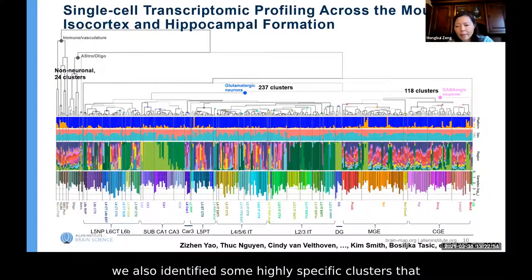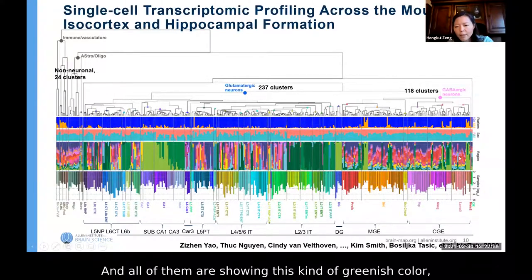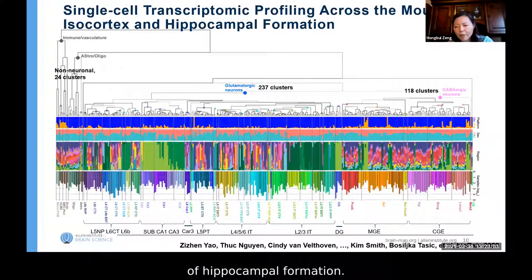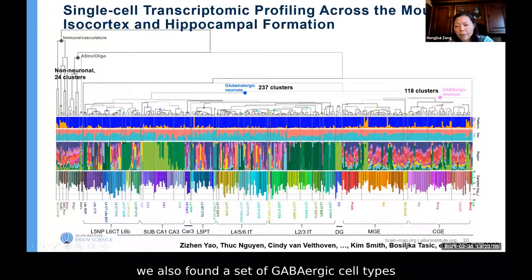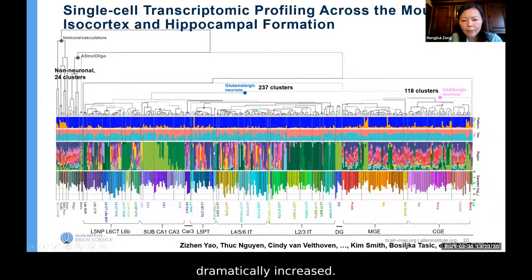clusters that appear to be region specific, and all of them are shown in this greenish color, indicating that they come from different regions of the hippocampal formation. So in addition to the shared GABAergic types, we also found a set of GABAergic cell types that are unique to the hippocampal formation. On the glutamatergic side, the number of clusters dramatically increased.